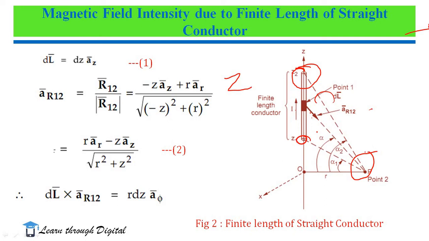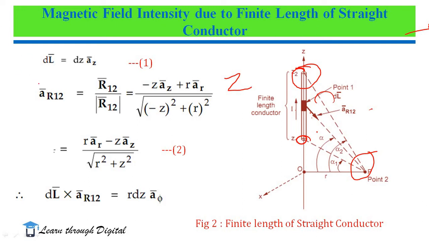The angles made with respect to the line joining the source to the point are alpha 1 and alpha 2. So this is the unit vector aR.